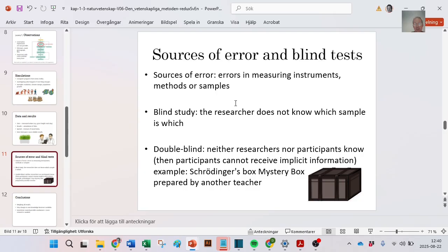Example, if you want to try a new drug for medication, it's good to avoid placebo effects and other effects like that by not letting the control group know that they're a control group, and not letting the ones who actually get the drug know that they are not the control group, so that you don't get the psychosomatic effects.